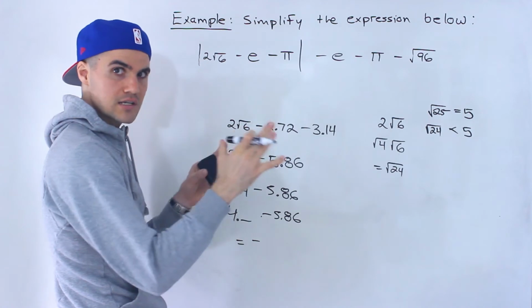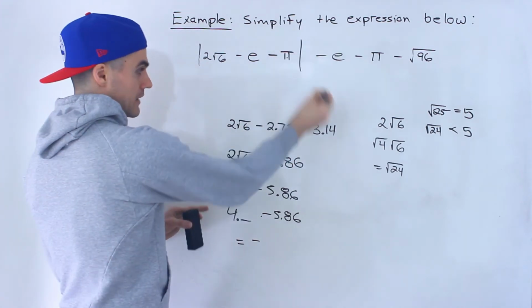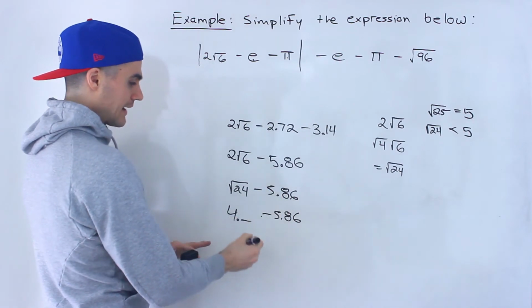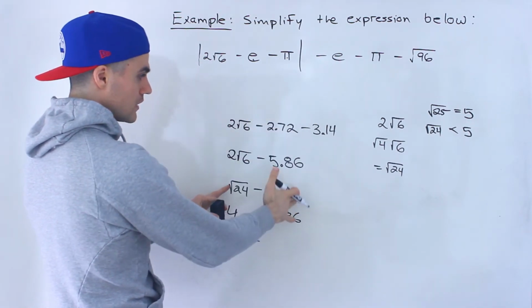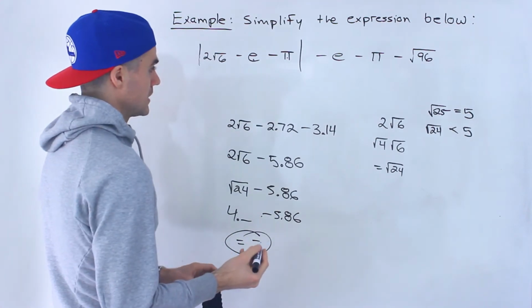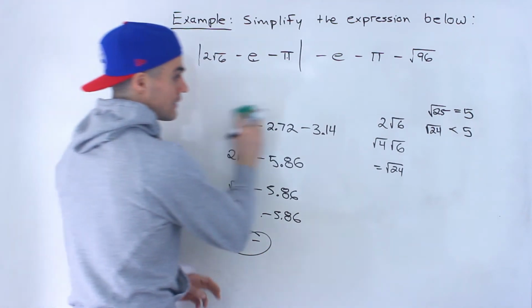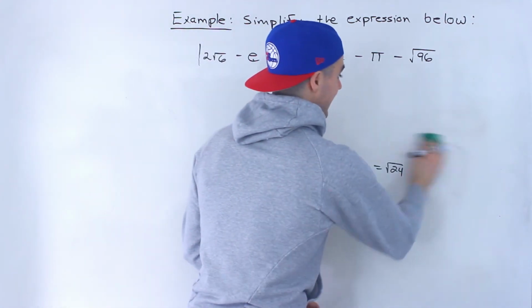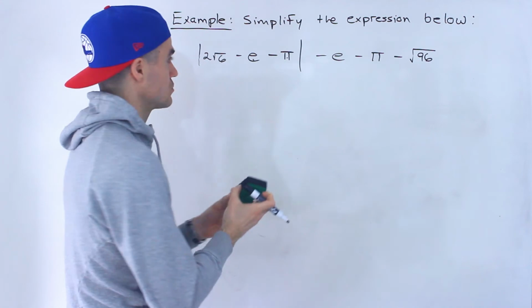So I took this radical, converted it, and combined these into a decimal. Without even using a calculator, as long as you know pi is 3.14 and Euler's number is approximately 2.72, we can use logic to figure out that the expression is going to be negative. When something is negative within an absolute value, we have to multiply by -1 to turn it into a positive.